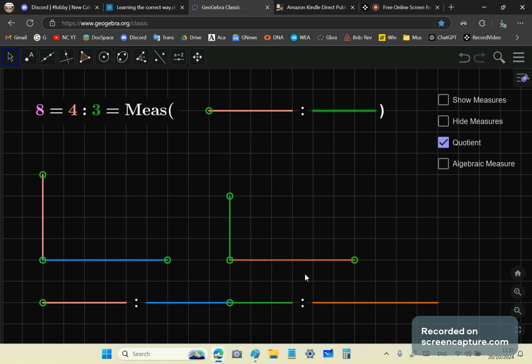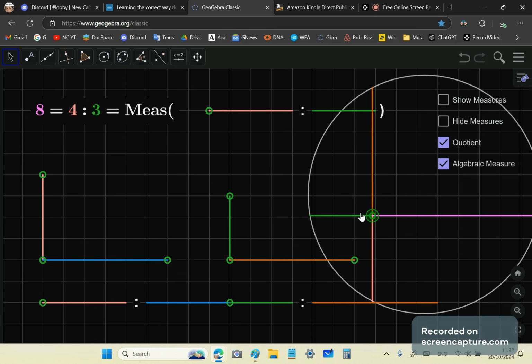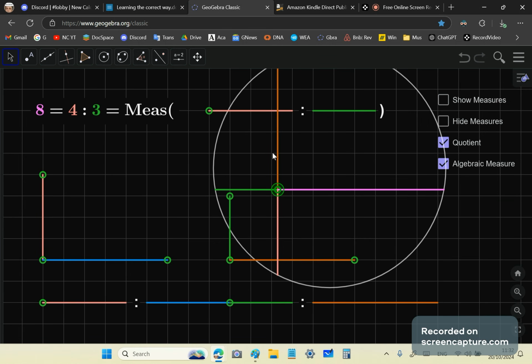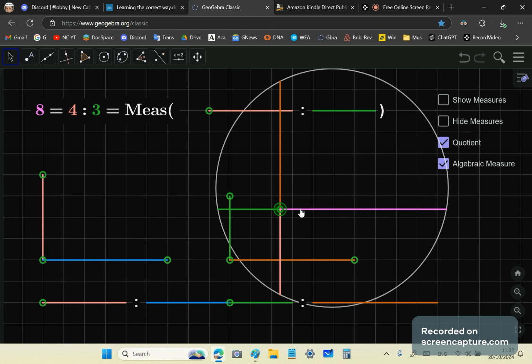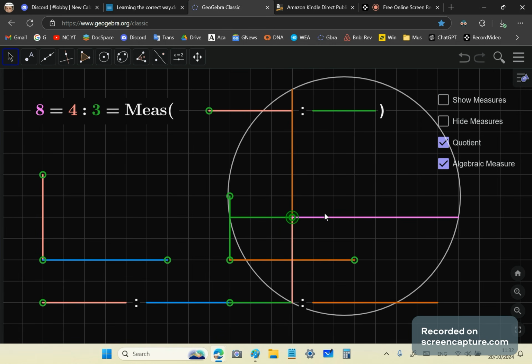But you have to remember that the unit is almost 6 blocks. So if you add in this here, you see the unit is 6 blocks, which means that this line here will be approximately 8 blocks: 1, 2, 3, 4, 5, 6, 7, 8. And if we show measures, there you go, you see?